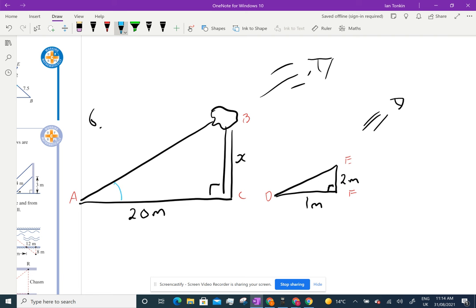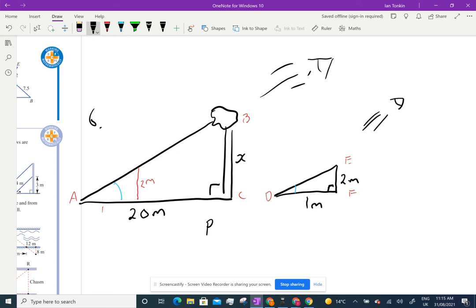This angle and this angle are the same because the sun is casting the same shadow. I could have put the stick in here, and the two triangles are actually in the same place. So that angle of elevation is the same.